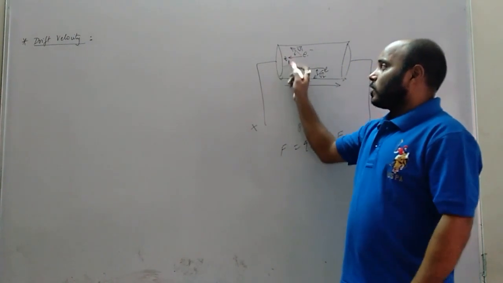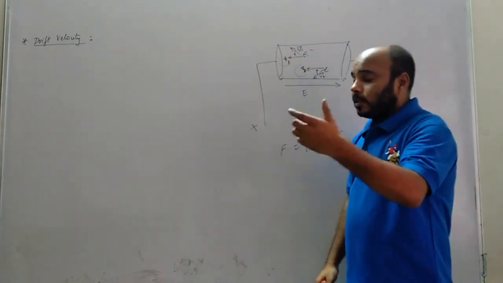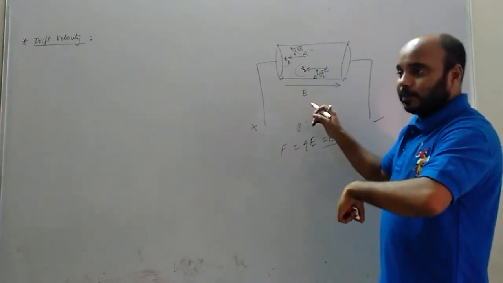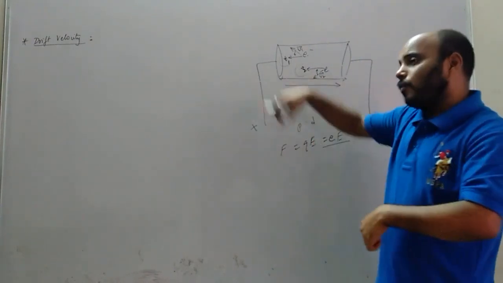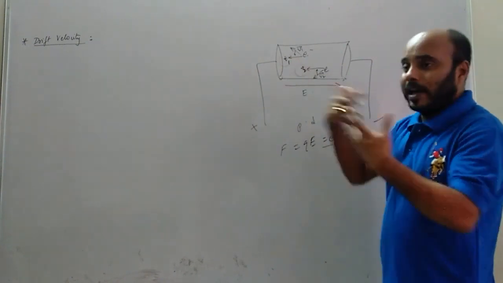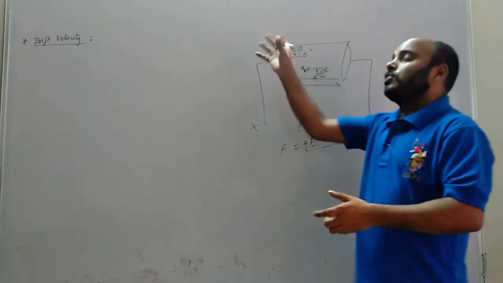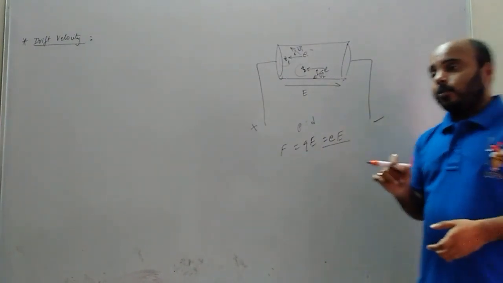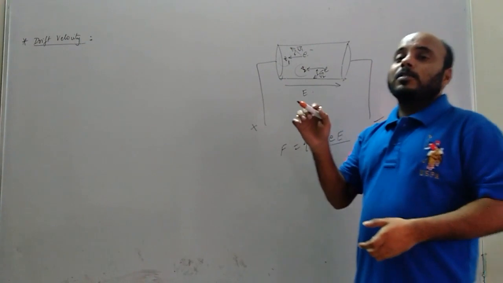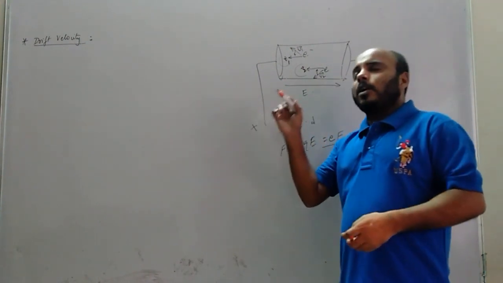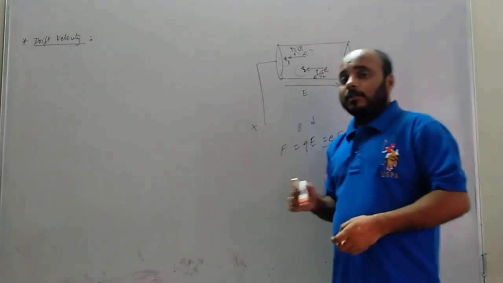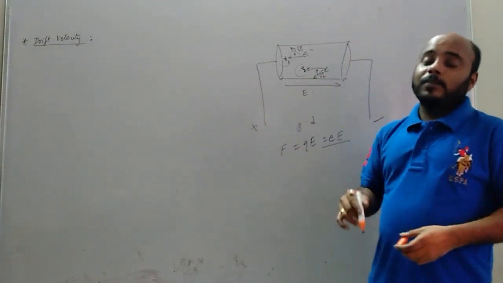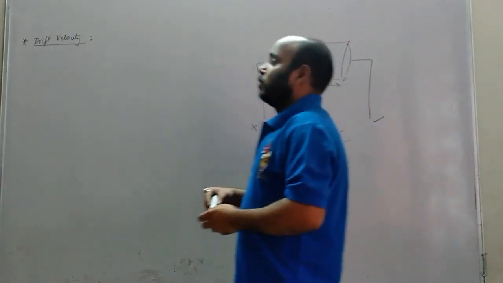The velocities which the electrons acquire after application of the electric field, if I take the average of all those velocities, then the average is called the drift velocity. That is the definition given in your notes: the average of all the velocities acquired by the electrons on application of the electric field. Understood? So, clear what is happening?